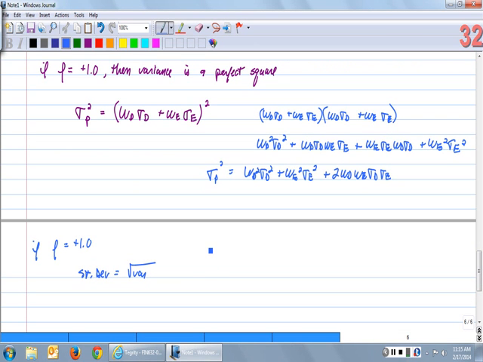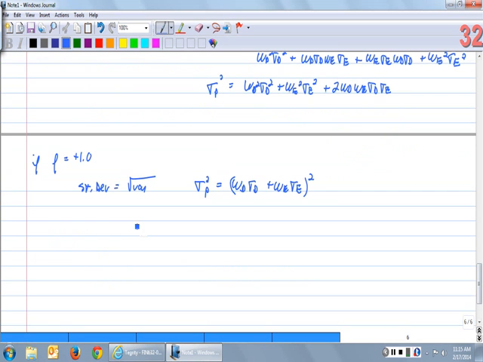And since the variance is a perfect square, WD sigma D plus WE sigma E squared, the standard deviation is equal to the square root of the variance, which is simply equal to WD sigma D plus WE sigma E, which is a simple weighted average.